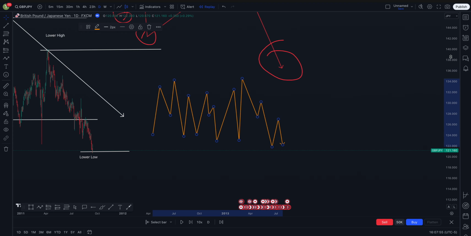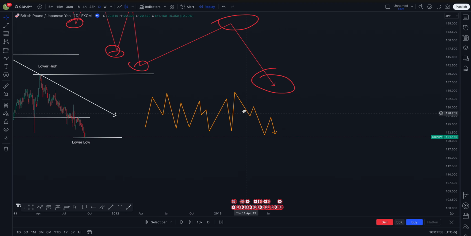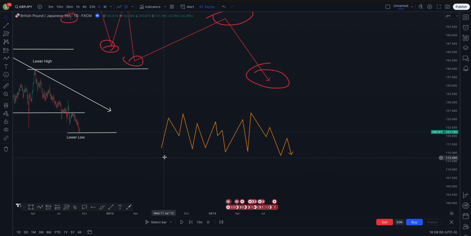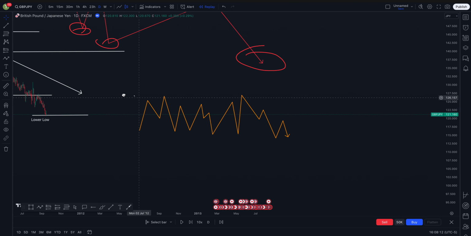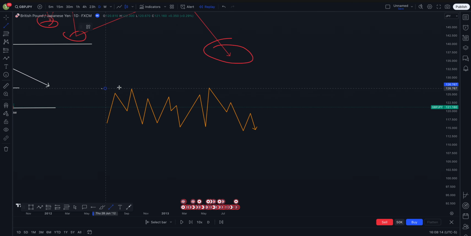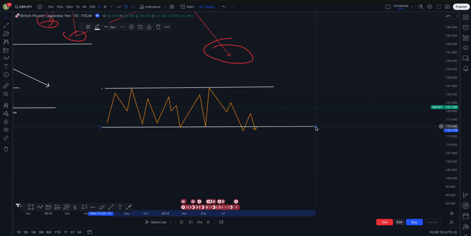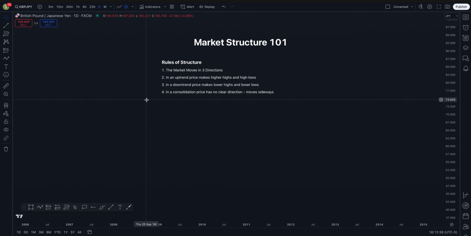So this would be our consolidation, because guess what? There's no clear direction that price is moving in. Price is basically moving sideways. So this is what we call a consolidation. All right, guys. So there you have it. That is how we understand market structure.